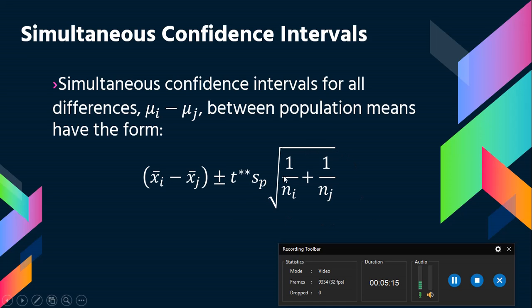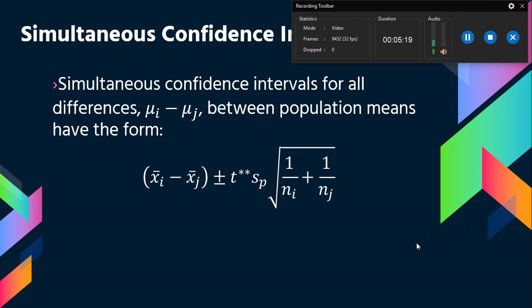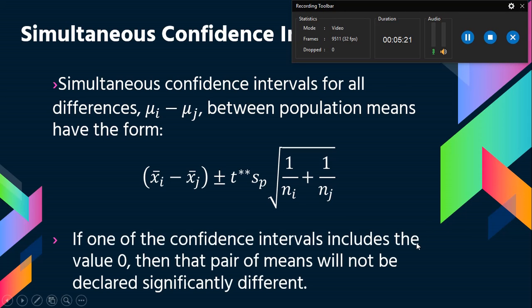And then again, we're factoring in the sample size for each of the two being compared. If you find that 0 falls in your confidence interval, then we know that that pair of means is not going to be significant. We could go on to run t-tests to prove it, but usually the confidence interval and the t-test go hand in hand and they confirm each other's results.